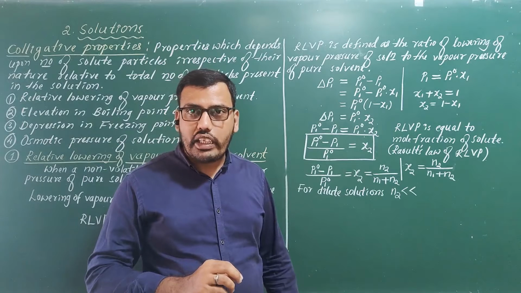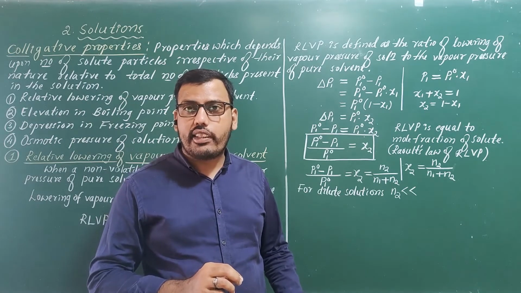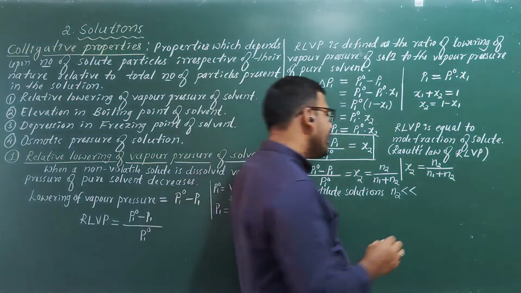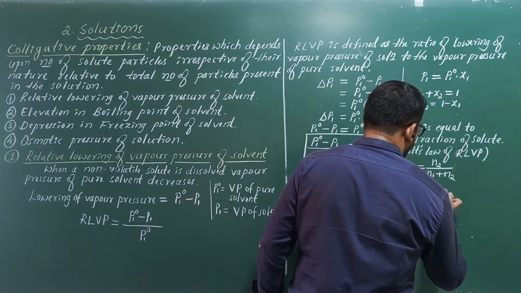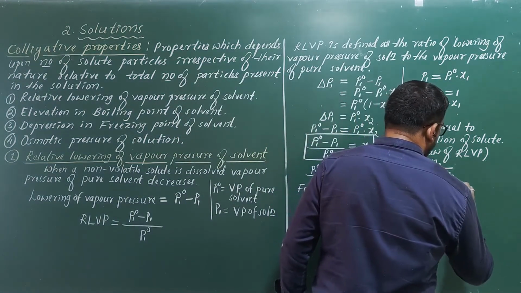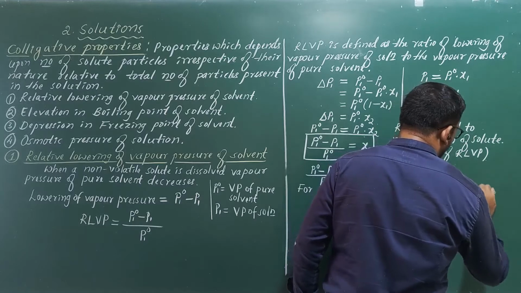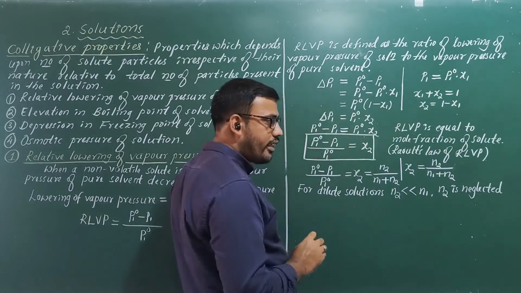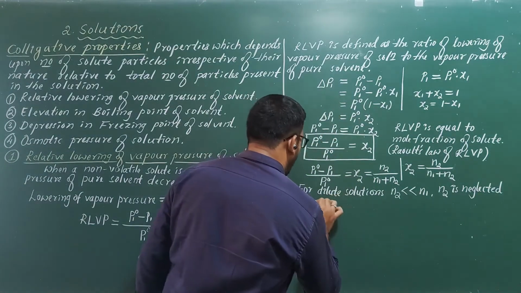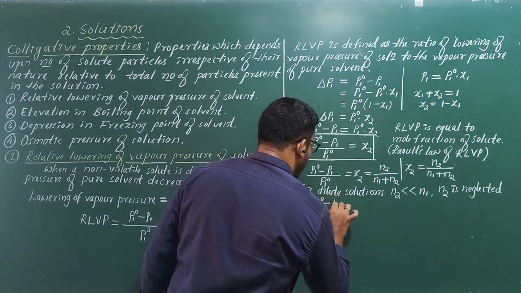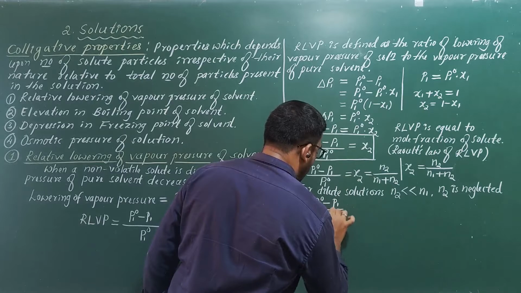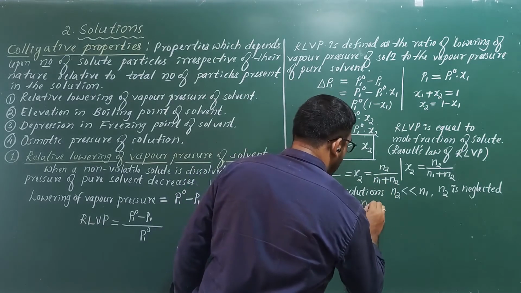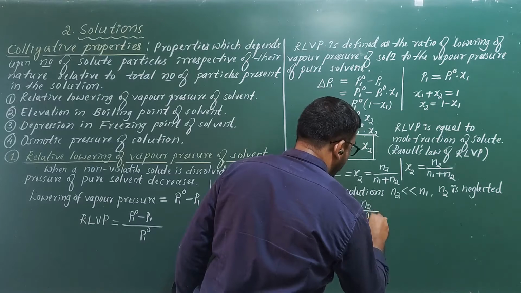Solutions in which the solute is present in a very small quantity, as I have told you. So N2 is neglected in the denominator. Now (P1 naught minus P1) divided by P1 naught is equal to N2 divided by N1.